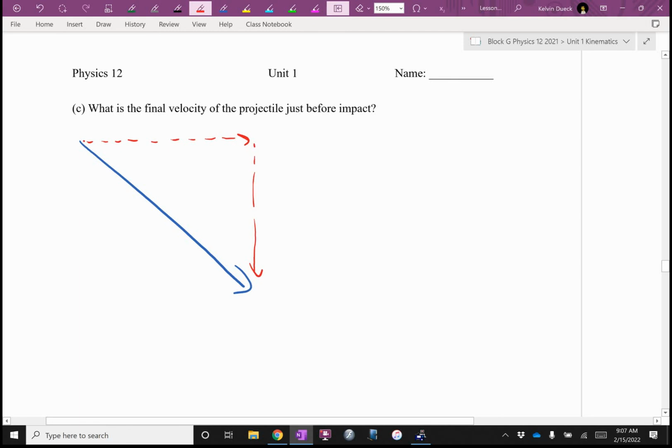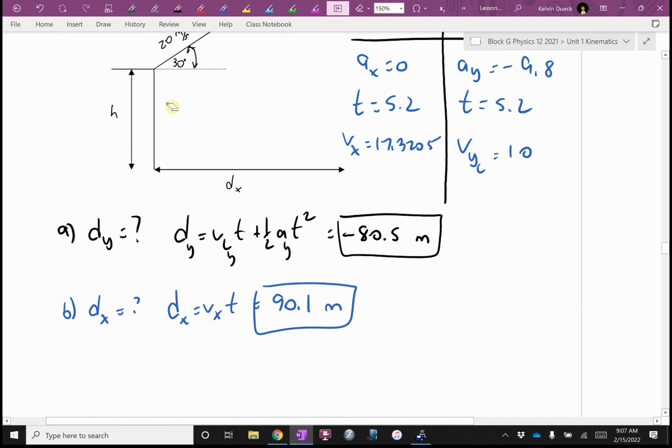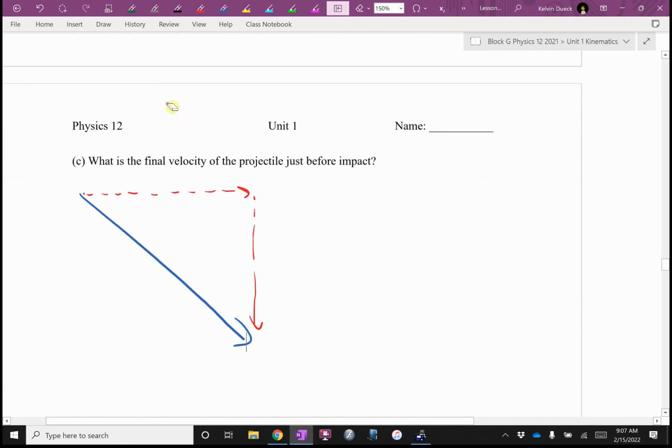In fact, I know the horizontal value. It's going to be 17.3205. What's the vertical value? I don't know. I'm going to have to figure that out.